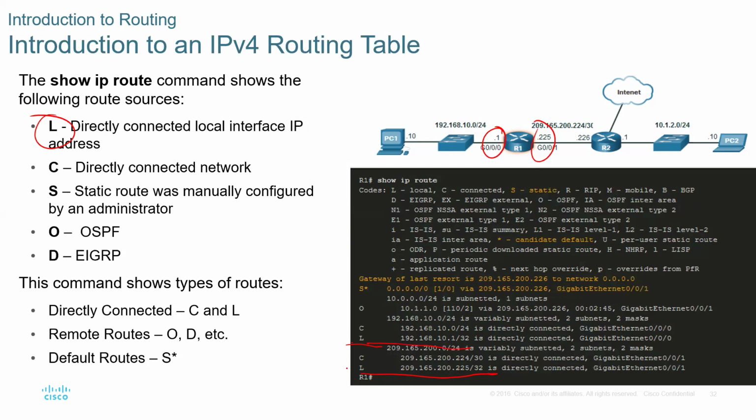This one is for the directly connected interface, L. Connected networks, then we are looking at this. If an entry has O, it means it's a dynamically learned route using OSPF. If it has S, that is a static route, and the gateway of last resort is shown.